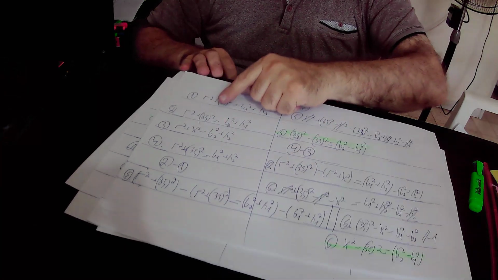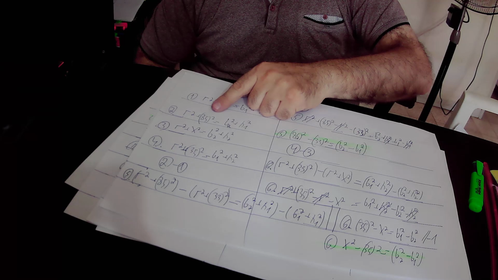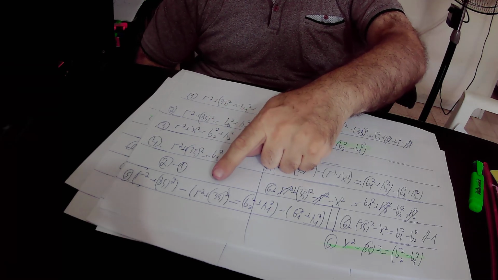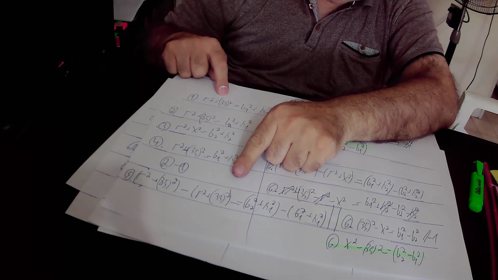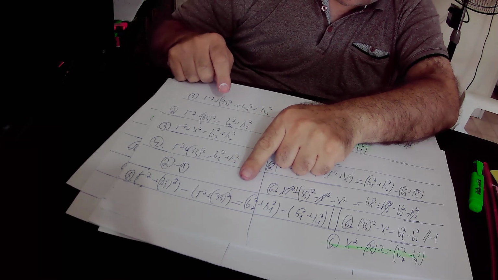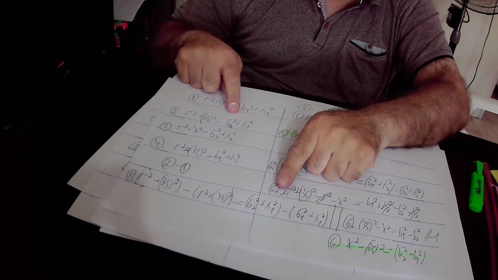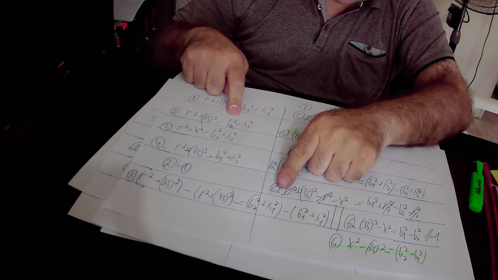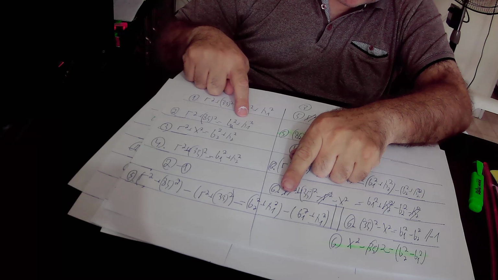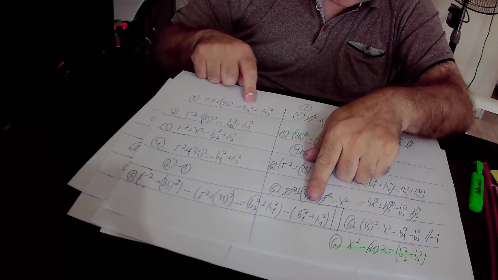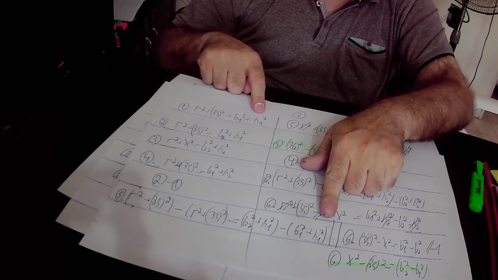In equation number 2, we have R square plus 85 square, minus equation number 1, R square plus 33 square, and it is equal to this side of equation number 2, B2 square plus H1 square, minus this side of equation number 1, that is B1 square plus H1 square.